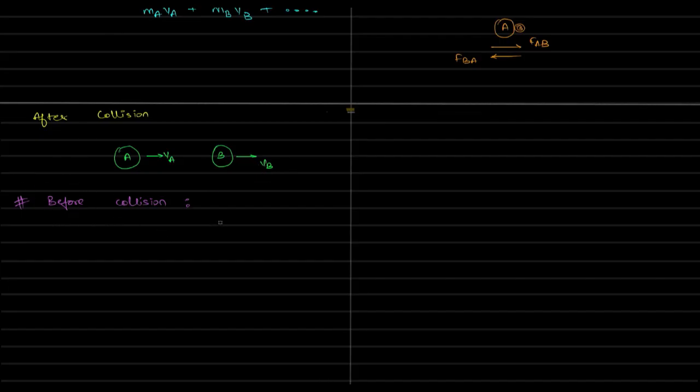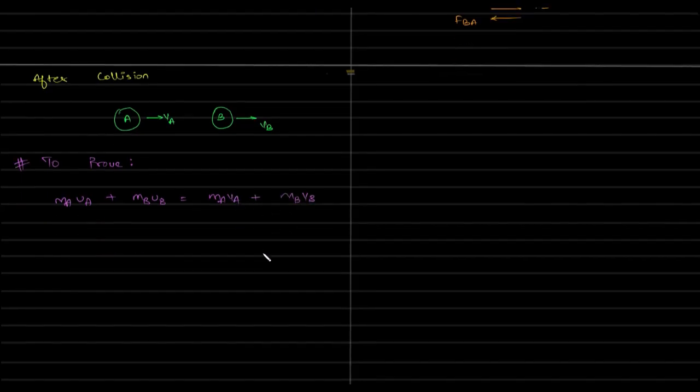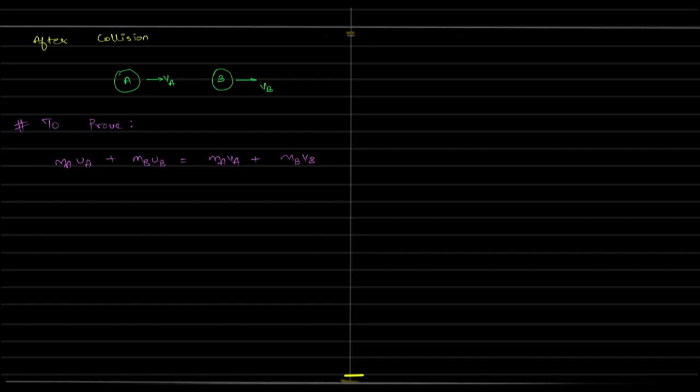Let me just write what we need to prove: MA UA plus MB UB is equal to MA VA plus MB VB. How will we do this? With the help of the second and the third law of Newton, the proof.